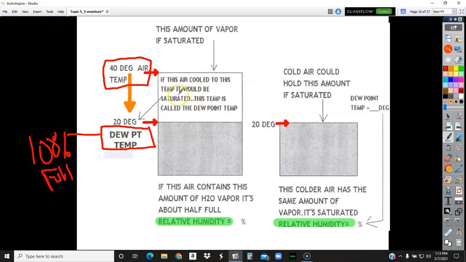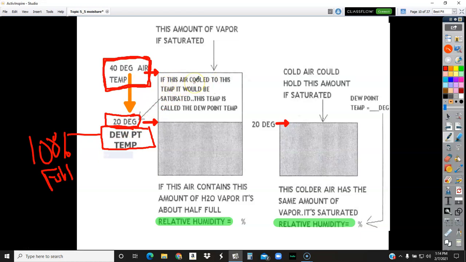And so this box is showing you both numbers. And so to be saturated, just as I showed you before, the air temperature, let's say outside, was 40 degrees. That's the air temp. To be saturated and reach the dew point, the air temperature needs to be 20 degrees. So the dew point temperature is telling you on that particular day, at 20 degrees, the air would be totally saturated. And that's what it says here.